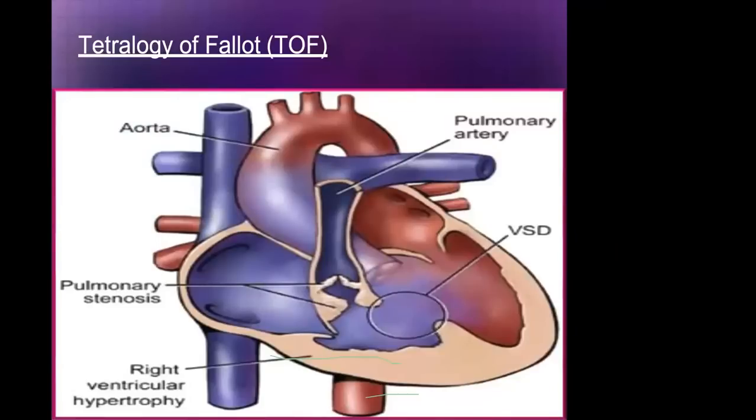So the typical presentations are pretty much similar to the other congenital heart diseases, but the babies, of course, will be blue. And this becomes more prominent whenever the baby is crying or feeding, and they will be irritable. They can even faint. You can also notice clubbing of the nails, and the baby will have breathing difficulty as well.